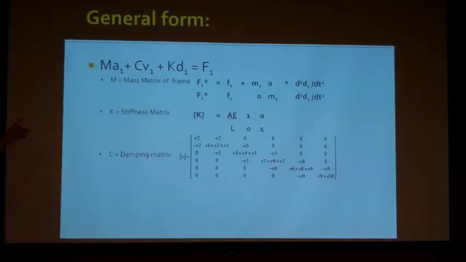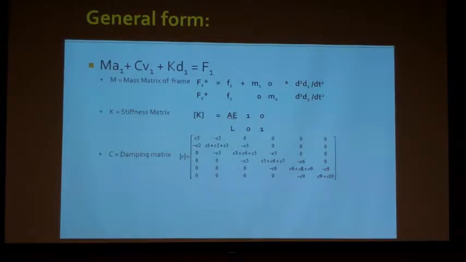So this is the general equation for the whole thing. It's saying that the mass matrix of whatever frame or system you're using times the acceleration, generally speaking, matrix. We're just going to use a single acceleration, plus the damping matrix times the velocity matrix, plus the stiffness matrix times the displacement matrix is going to give you the force.